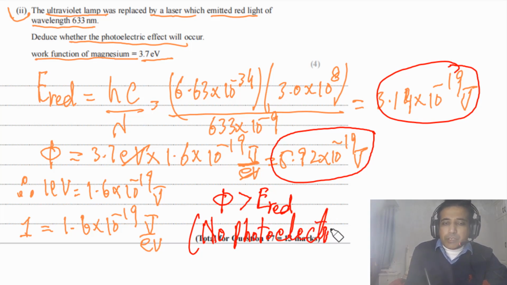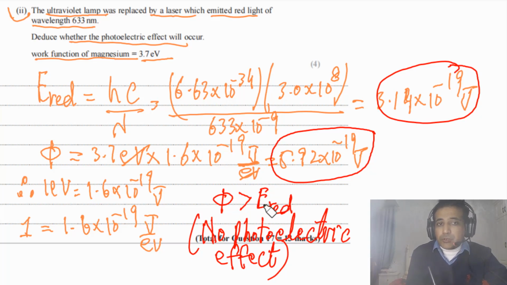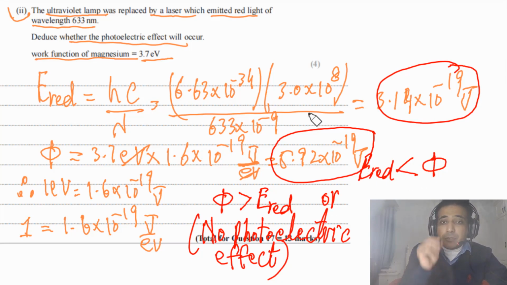So we can say no photoelectric effect in this case, because the work function is greater than energy of red photon, or we can say energy of red photon is lower than work function. So no emission of electrons. And emission of electrons will only occur if energy of photon is greater than or equal to work function of the metal.